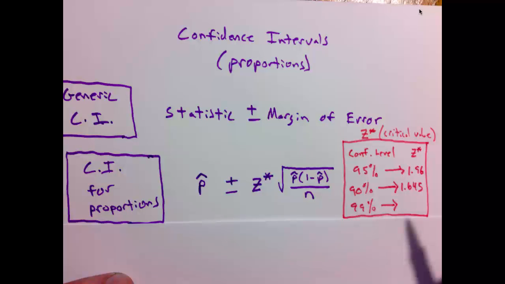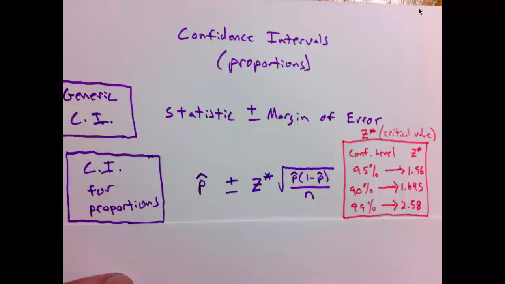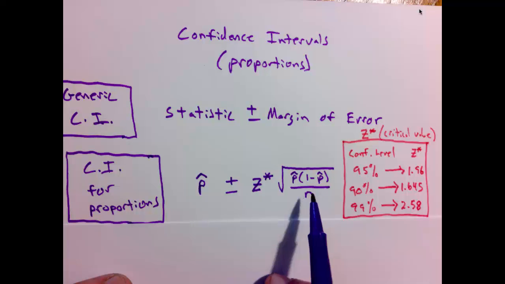It's going to be 2.58. I listed 95% first here because it is the one we will use most frequently. So this Z star is going to be one of these numbers, typically 1.96 for us. This n is simply our sample size. So we're going to be able to work some problems using this confidence interval.